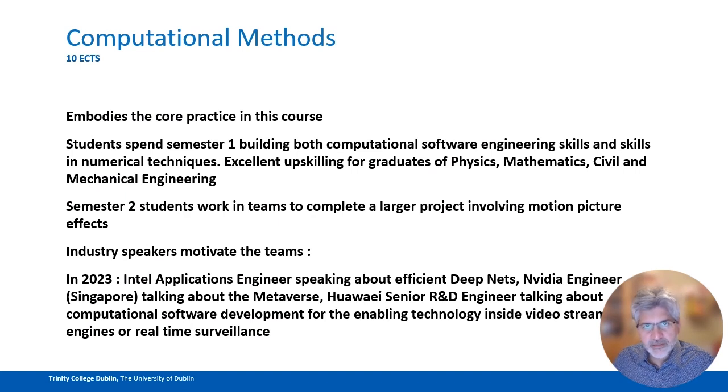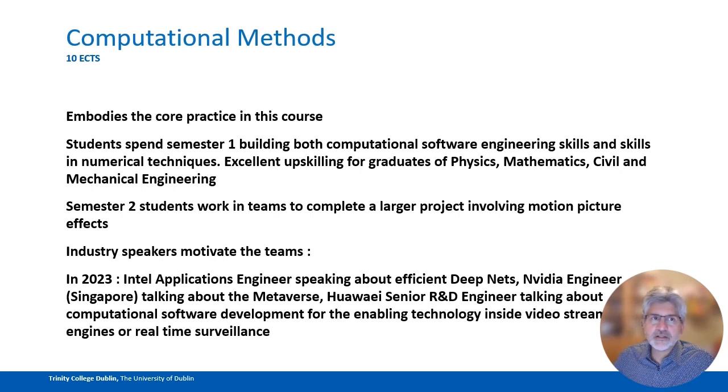The computational methods module itself embodies the core practice of this course. So in this module, you work across 2 semesters. In the first semester, you work individually building your computational software engineering skills and skills in numerical methods.